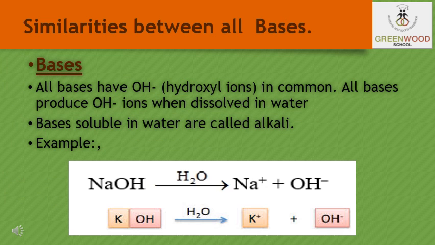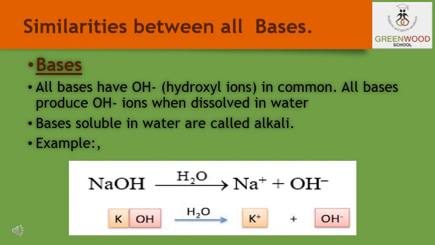Now students, like acids, bases also possess some general characteristic properties. So chemically they must have something in common. It is also observed that bases, when dissolved in water, produce hydroxide ions in the solution. Thus, this is the common characteristic property of all bases.